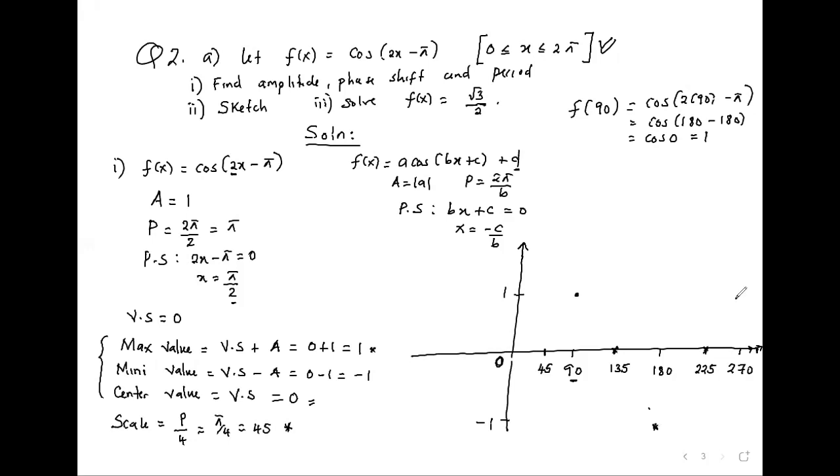Then it will be at 1. Then it will be at 0. On this side, it will be at 0, and then at -1. So you have the sketch.